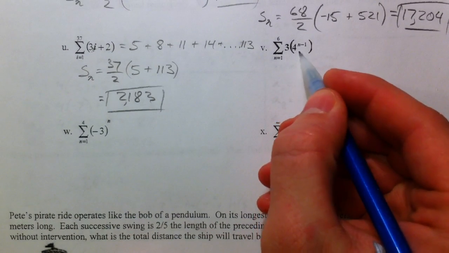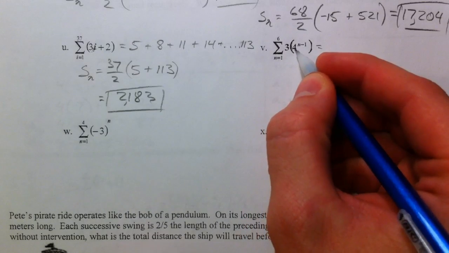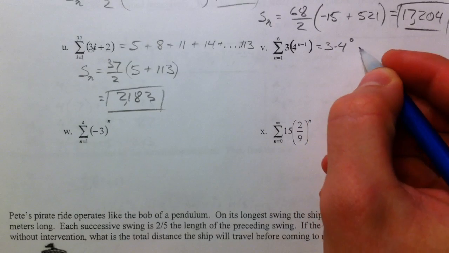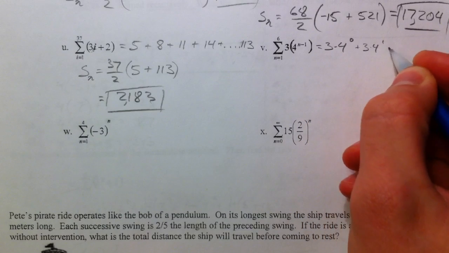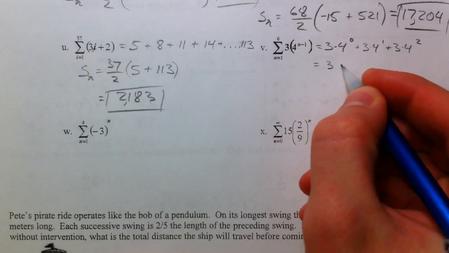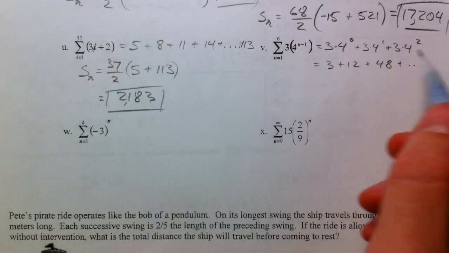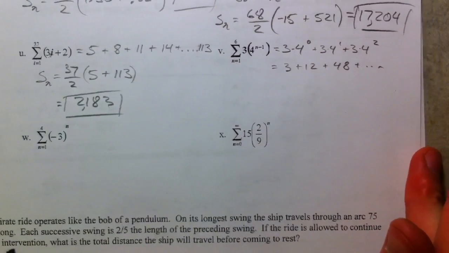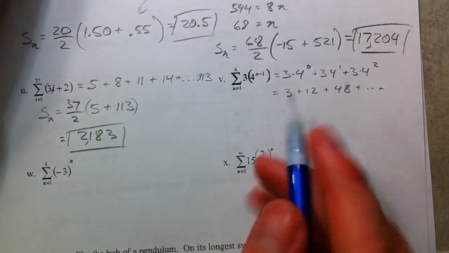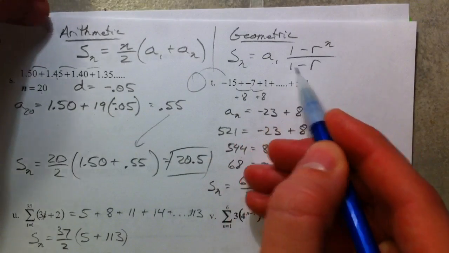This one is going to be geometric, it's raised to a power, but if we plug in 1, we get 3 times 4 to the 0, plus 3 times 4 to the first, so on and so forth. That's 3 plus 12 plus 48. This is geometric, and so we're going to use a sub 1 times 1 minus r to the n over 1 minus r.